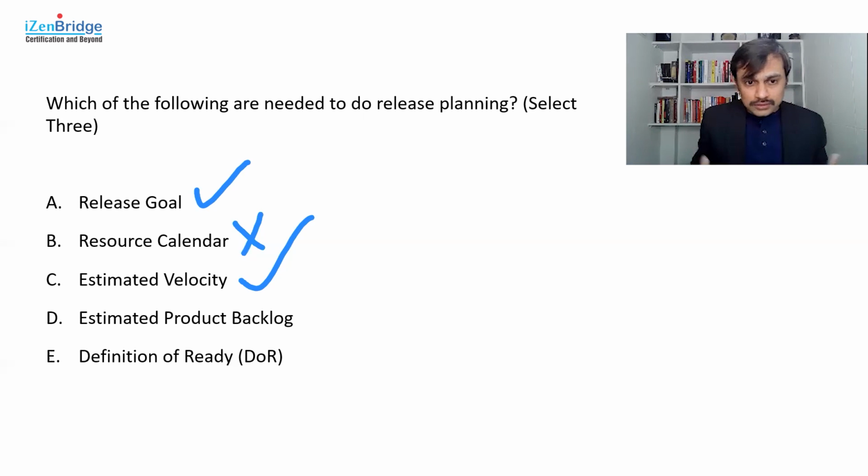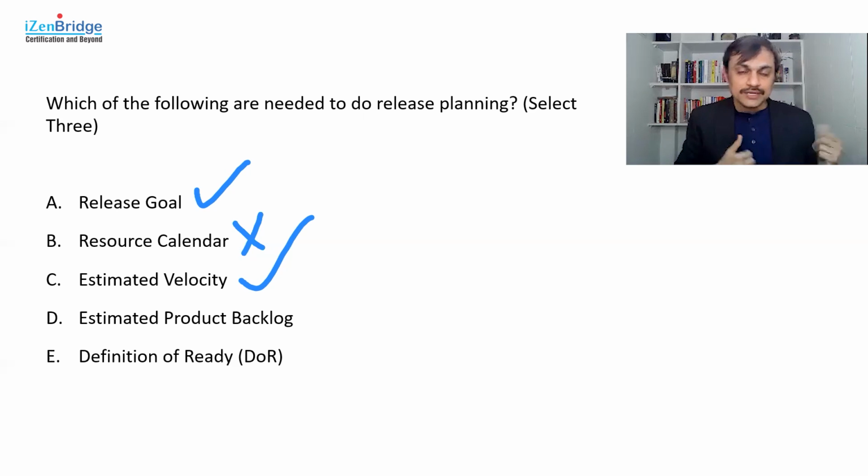Estimated product backlog, you need it. A fair amount of a product backlog, at least the items which are linked with the release goals, those need to be estimated, because in the absence of that, how do I identify a timeline, a possible release date?